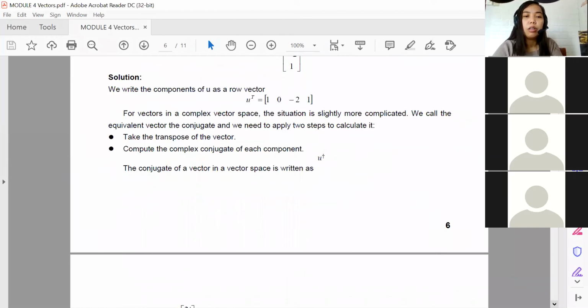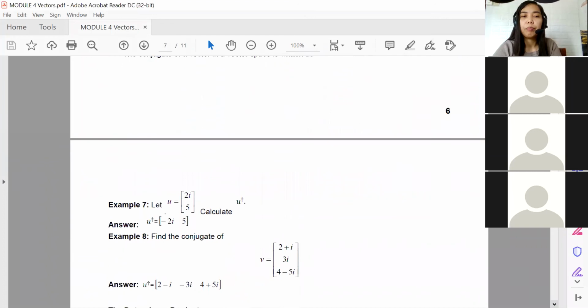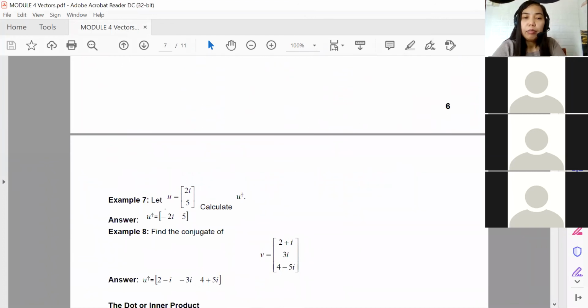Okay, so let's have an example. Let vector u be equal to 2i and 5. Calculate the complex conjugate, which is also the Hermitian conjugate. So kunin muna ang transpose nito. We will have u transpose, we will have 2i and 5.